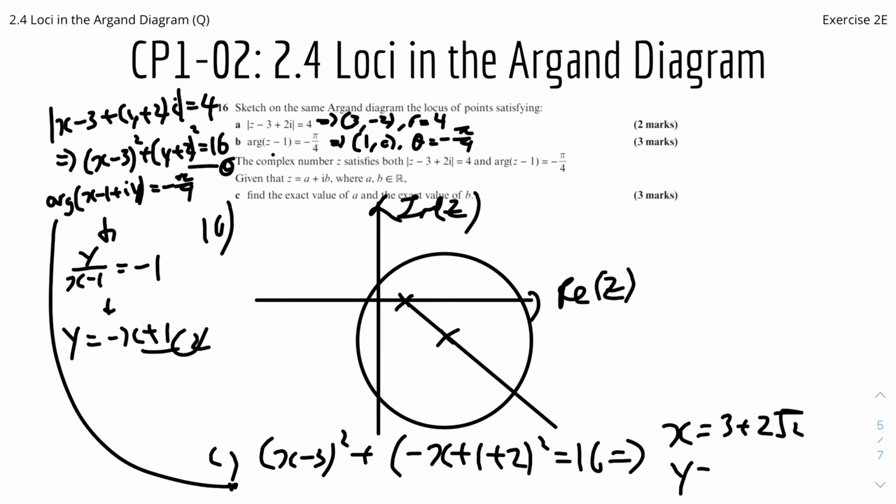And if you were to use a calculator to find the corresponding y value, so as I mentioned, x will be equal to 3 plus 2 root 2, and y will be equal to minus 2 root 2. And that's the answer.